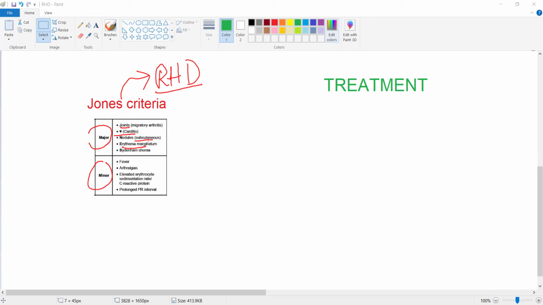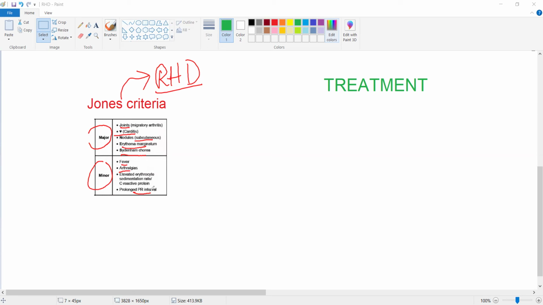Sometimes they give you the picture in the USMLE question: erythema marginatum, ring-like skin lesions. Sydenham chorea, irregular purposeless dancing-like movements. Minor criteria are fever, arthralgia, elevated ESR, CRP, and prolonged PR interval.